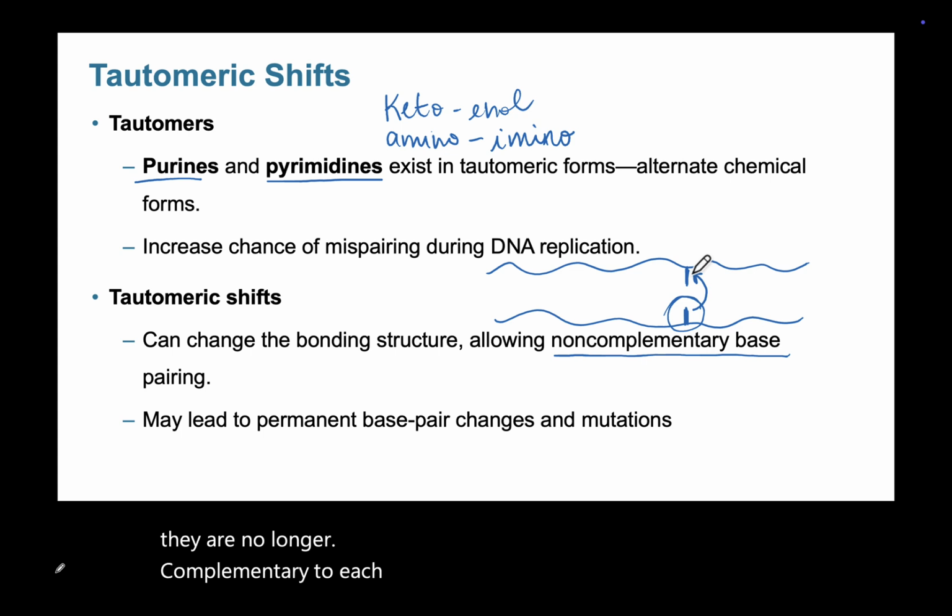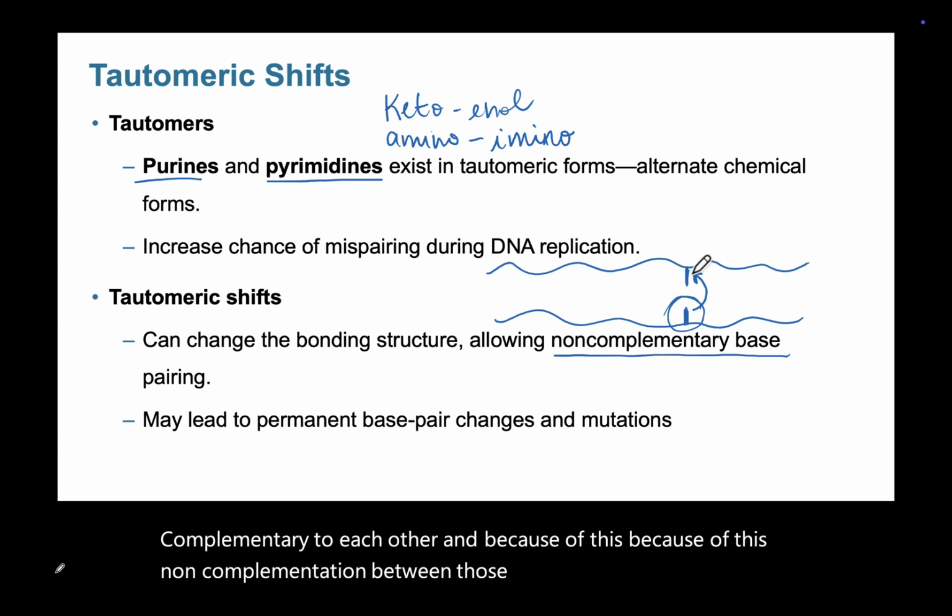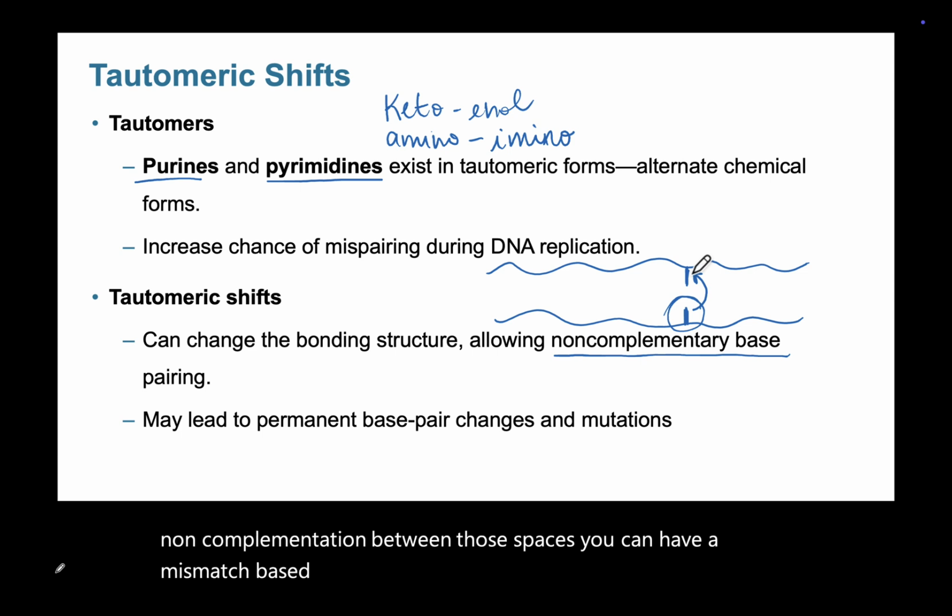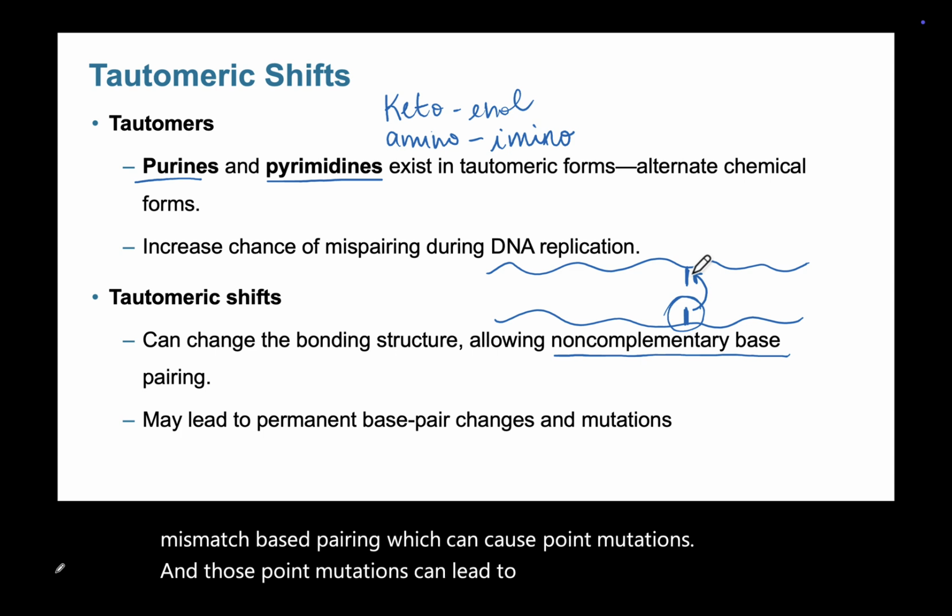Because of this non-complementation, you can have a mismatch base pairing, which can cause point mutations. And those point mutations can lead to permanent changes in the DNA structure.